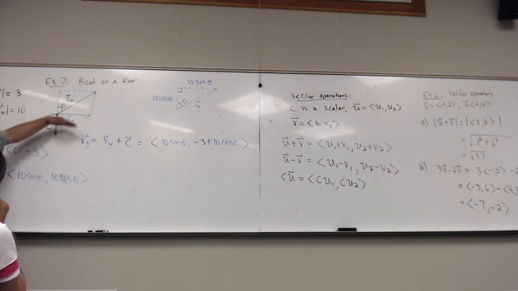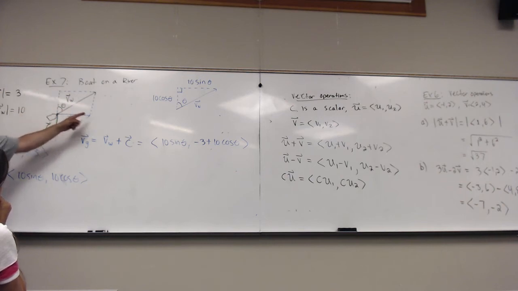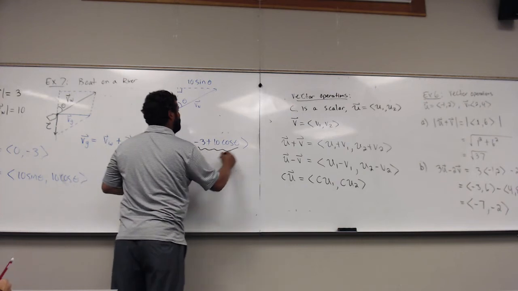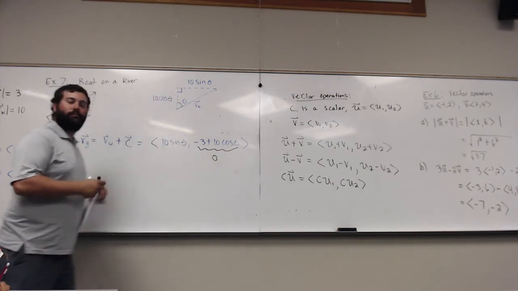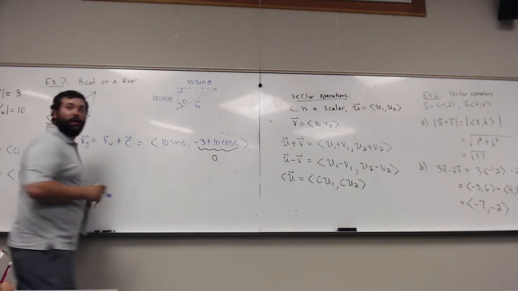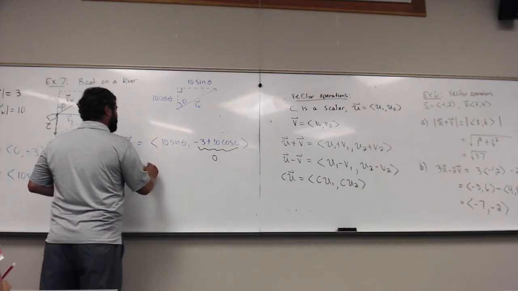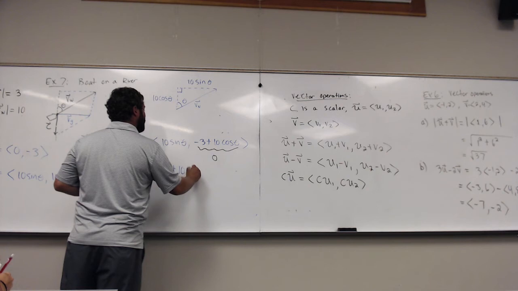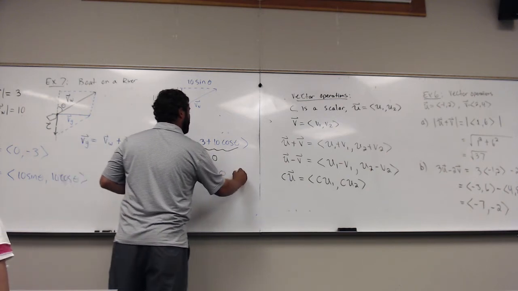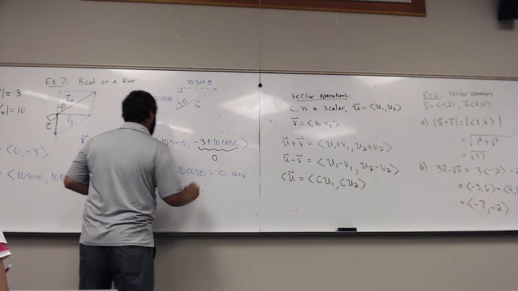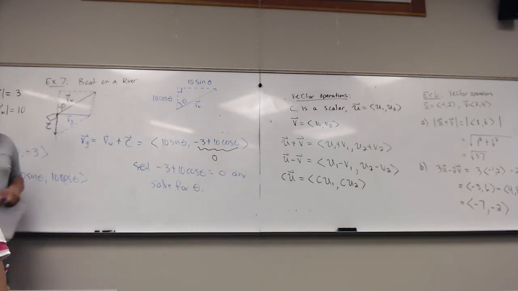There's no y component, right? We're just going in x direction. Y is 0. Yep. So this y component has to be 0. That's how we're going to get the angle theta. So we're going to set negative 3 plus 10 cosine theta equal to 0 and solve for theta. And we're going to do it in degrees.